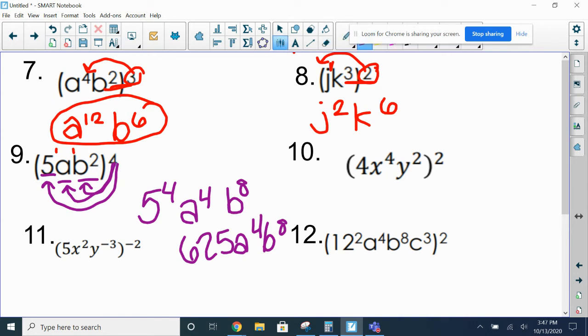All right, so on this next one, again, I have a base of 4, a base of X, and a base of Y. Y has a power of 2, X has a power of 4, and 4 has an assumed power of 1.